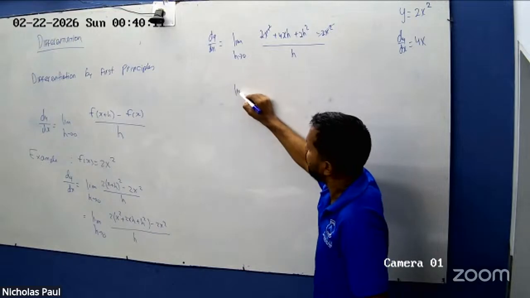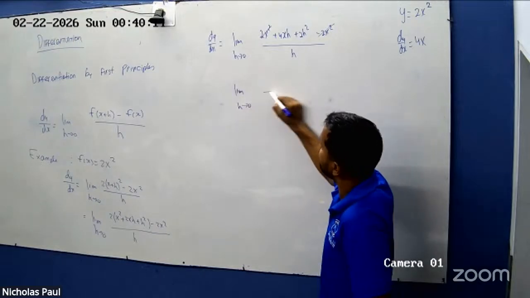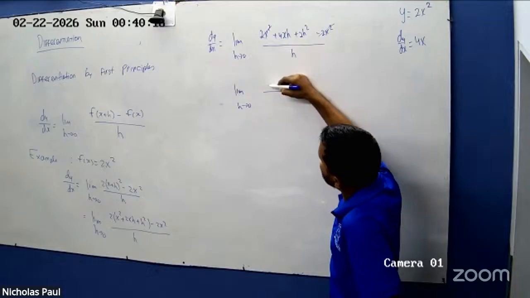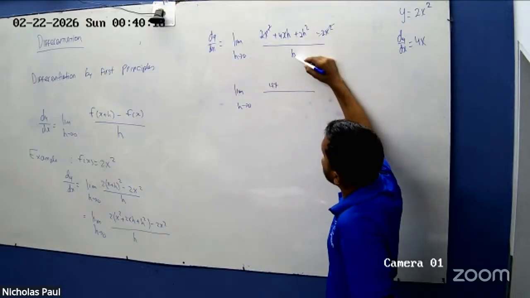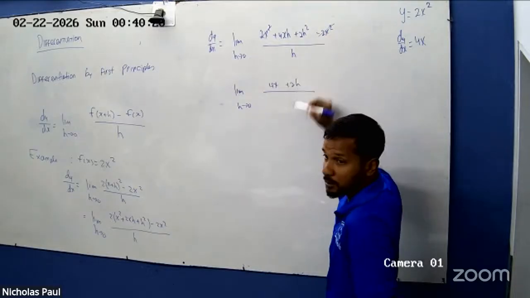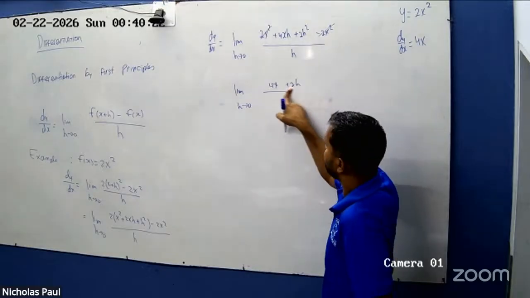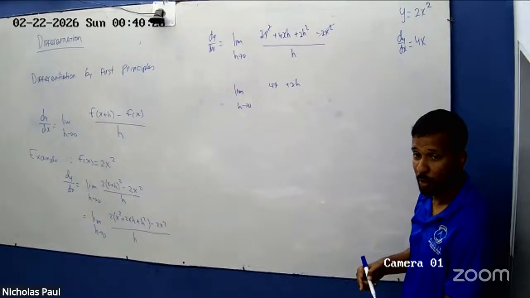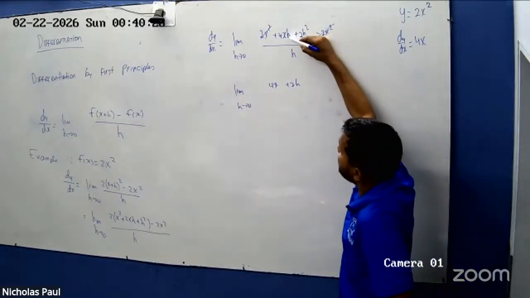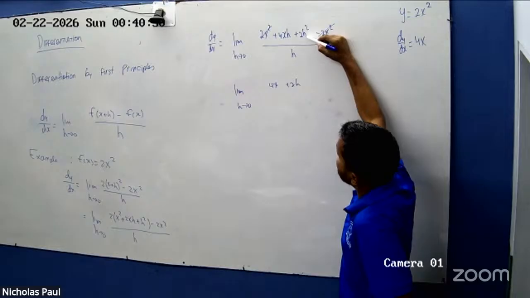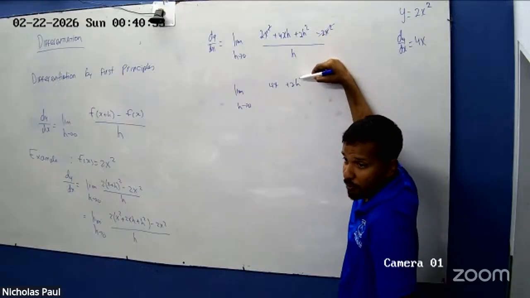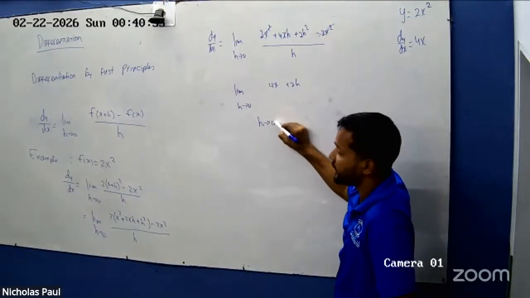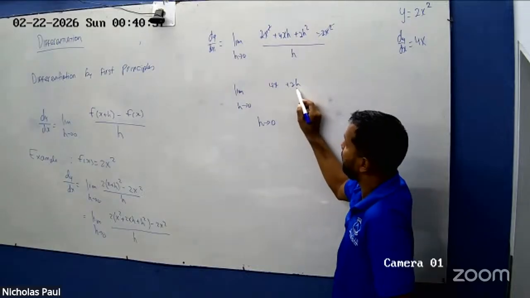We'll end up with the limit as h approaches 0. h into 4xh gives you 4x, h into 2h squared is 2h. Are you okay with that? Now, as h approaches 0, all we have to do is plug in 0 wherever you have h.